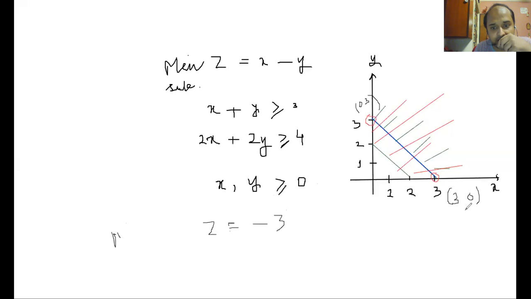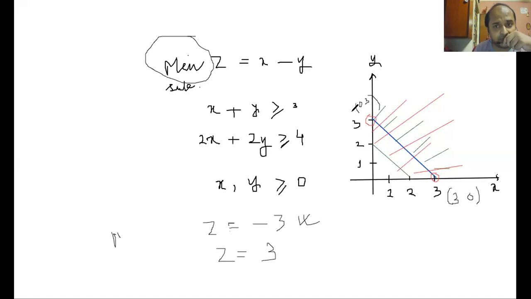And if I put x equal to 3 and y equal to 0, you will get 3 minus 0, that is 3. Since it is a minimization type of problem, which of these two is the minimum value? This is the minimum value, and your answer is 0, 3. 0, 3 is your optimal solution to the given problem.